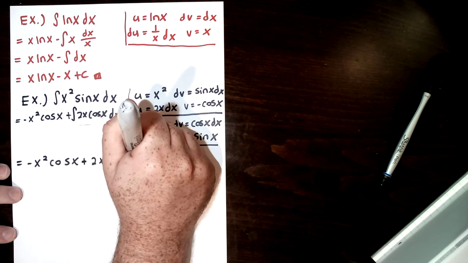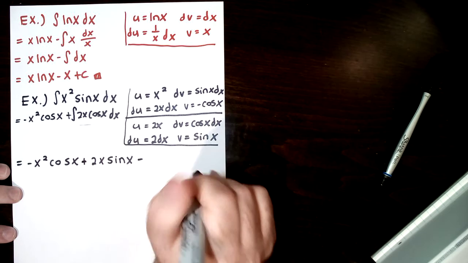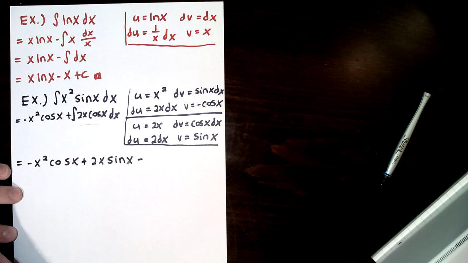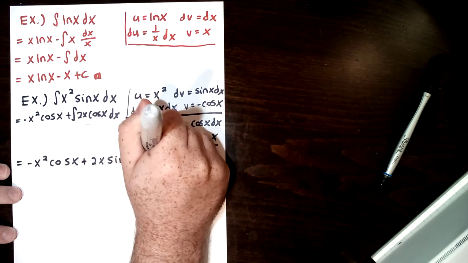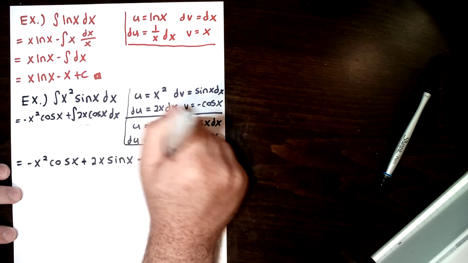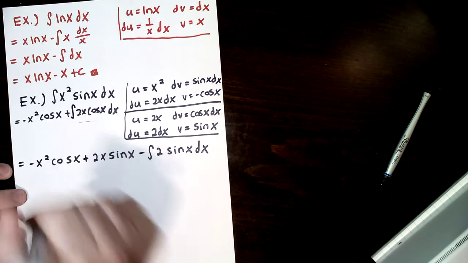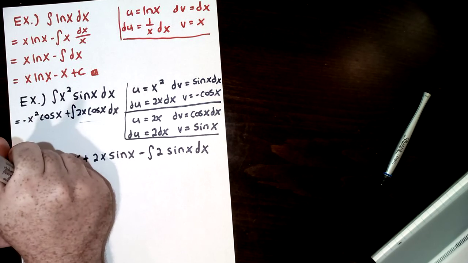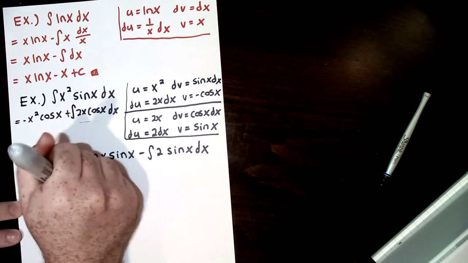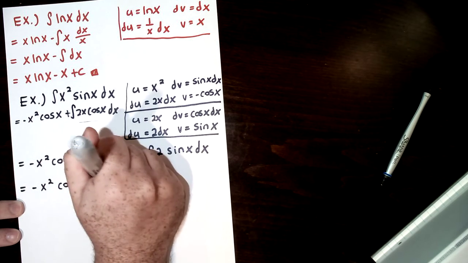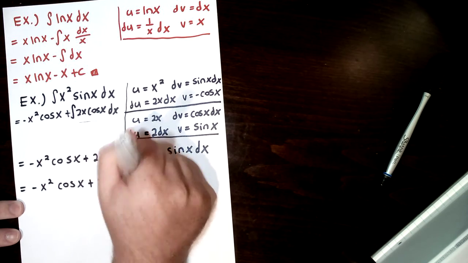So minus the integral of 2 sine x dx. And then we'll do one last one, negative x squared cosine x plus 2x sine x.